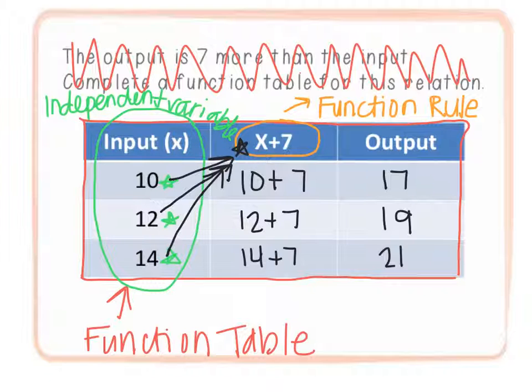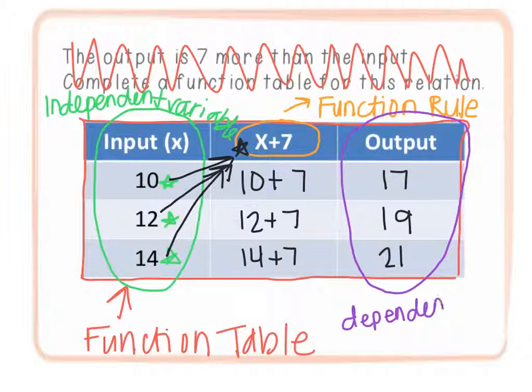And then the last thing we're going to circle is this. This is the output, and this is called the dependent variable. Because the numbers that are in this column all depended on what number we plugged in.